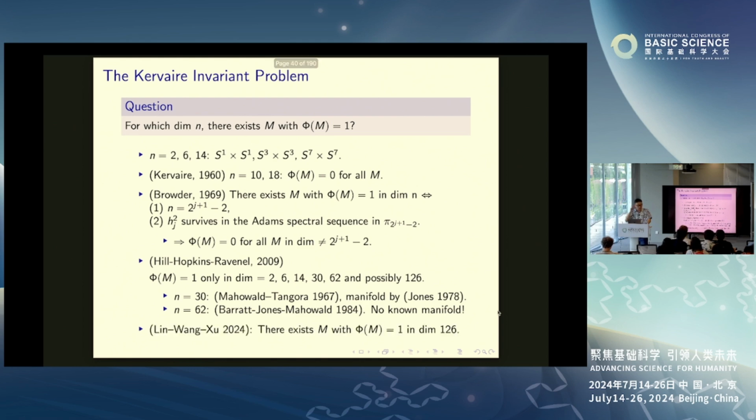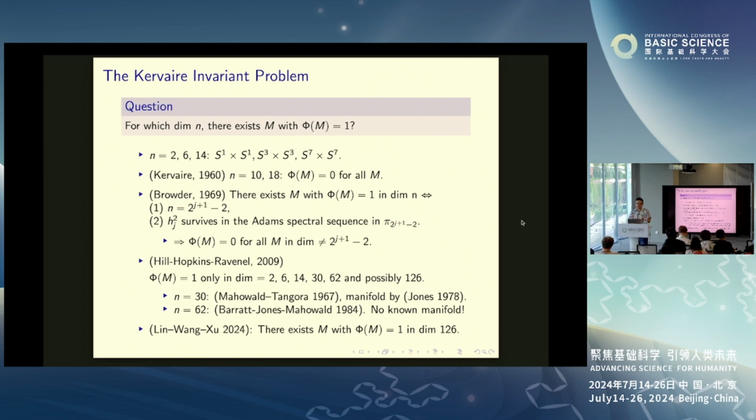Two months ago, I announced this result with my two collaborators, Weinan Lin and Guozhen Wang. We resolved the last case, so there exists a manifold with Kervaire invariant 1 in dimension 126. Namely, only the first 6 dimensions could have a Kervaire invariant, and only in these 6 dimensions does there exist a manifold with Kervaire invariant 1.